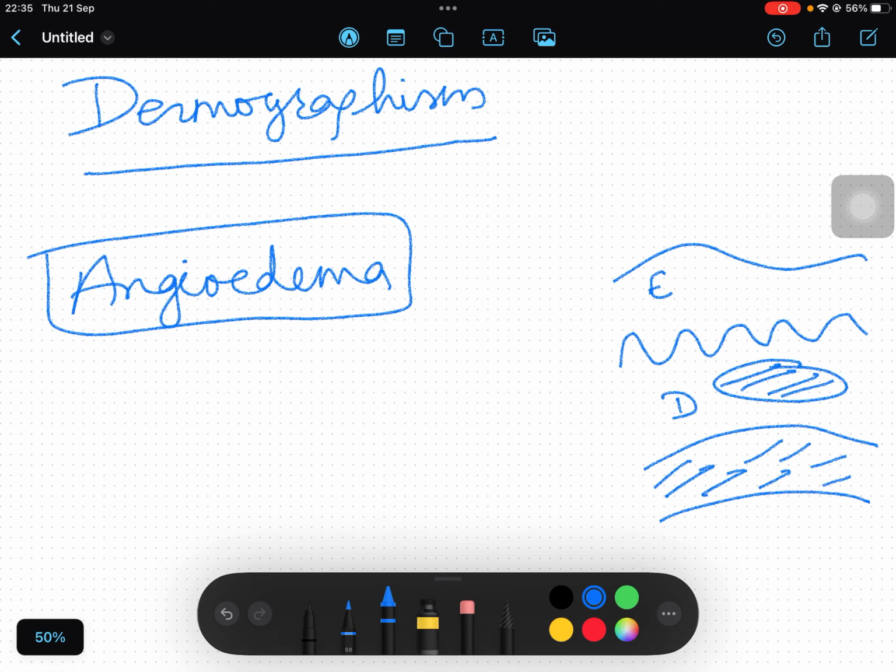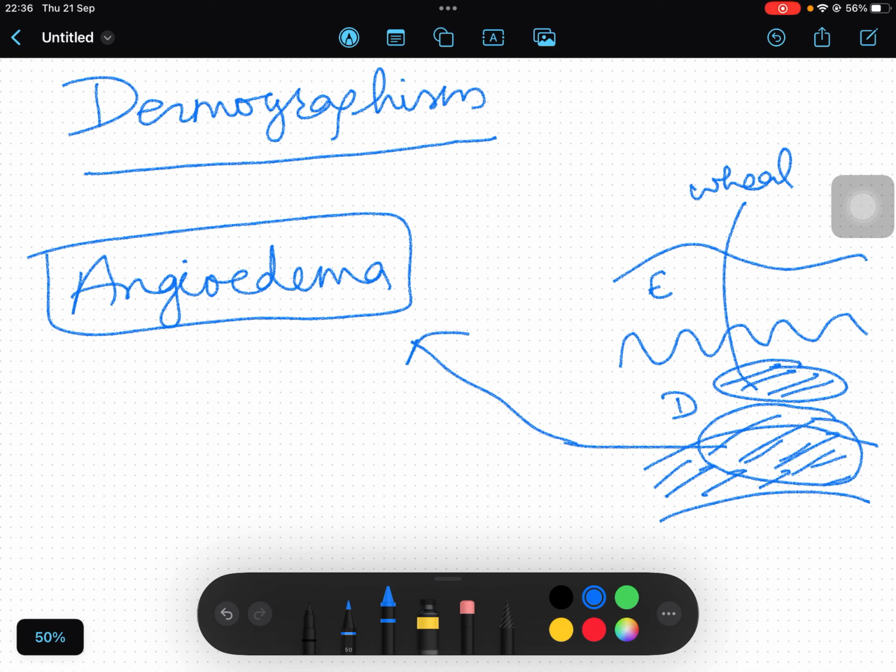Dermal edema causes wheal, whereas edema of dermis as well as subcutaneous tissue causes angioedema. Wheals are usually pruritic, whereas angioedema is usually painful.